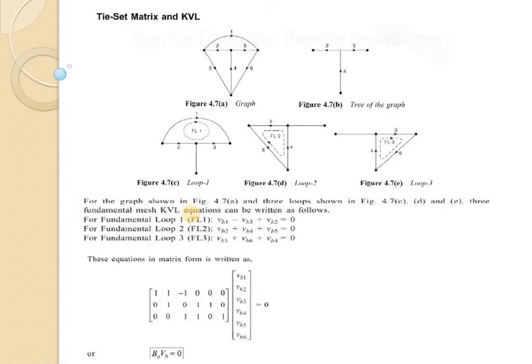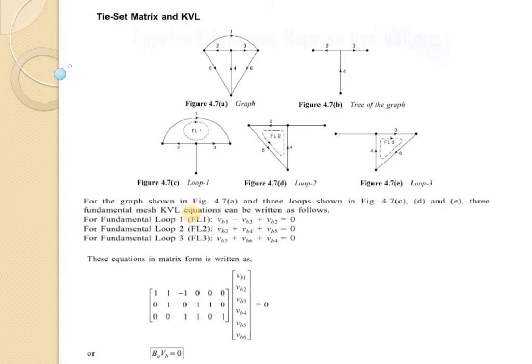So in that way we have formed the equation of loop 1, that is VB1 minus VB3 plus VB2 equals 0. And in a similar way we have formed the equation of loop 2, that is VB2 plus VB4 plus VB5 equals 0.